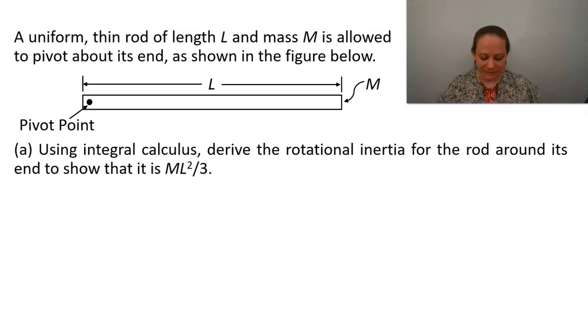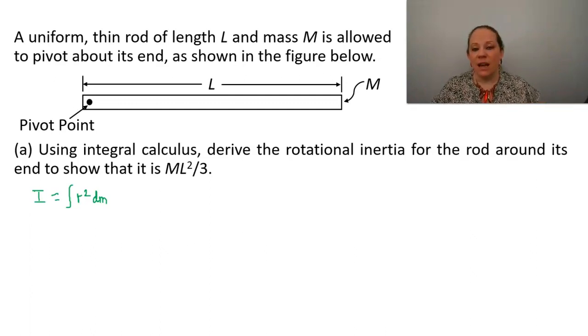So we're going to start with our general expression for rotational inertia as the integral of r squared dm, where dm is our differential little piece of mass, and r squared is going to be referring to the distance along the length of the rod from whatever place we call 0.